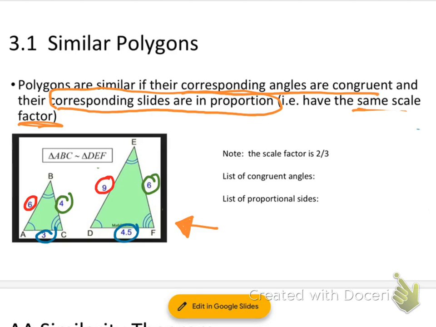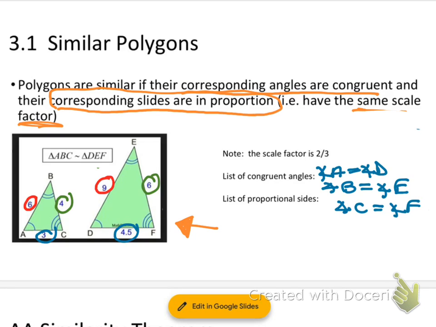Just in case it's confusing with the orientation of each triangle, you can always line things up using the similarity statement. So from the similarity statement, I can see that angle A equals angle D, and angle B equals angle E, and angle C equals angle F.